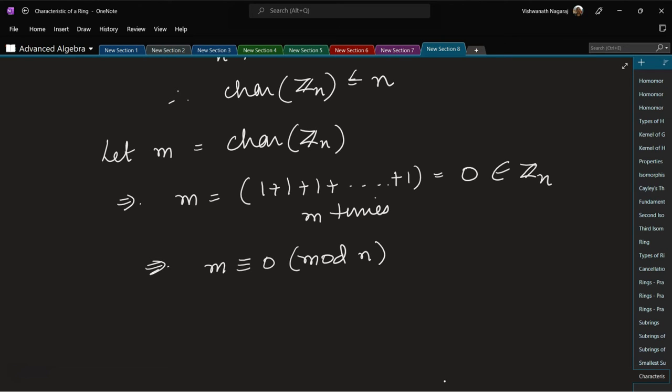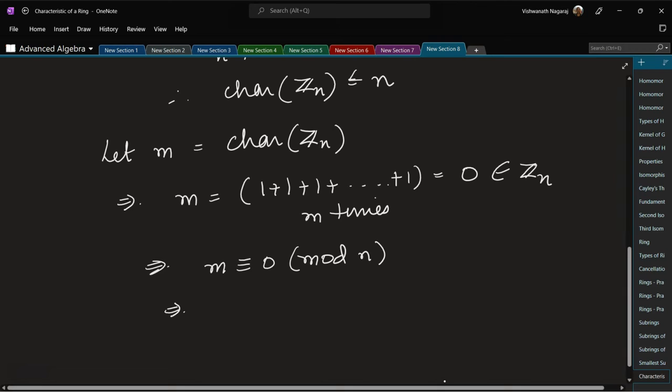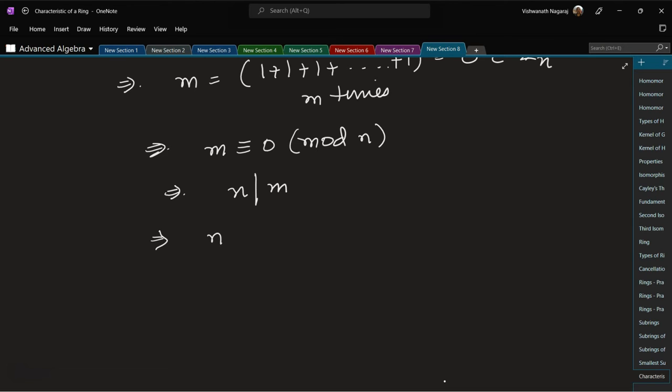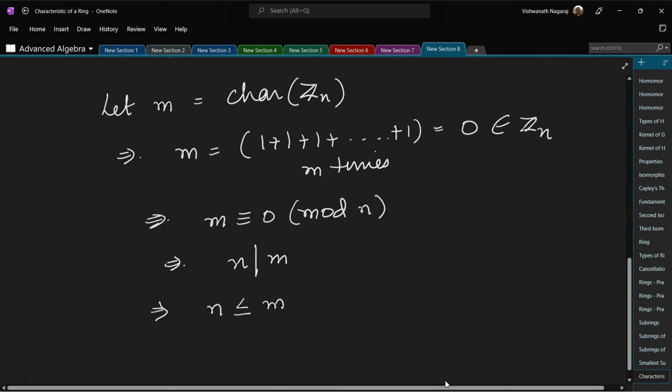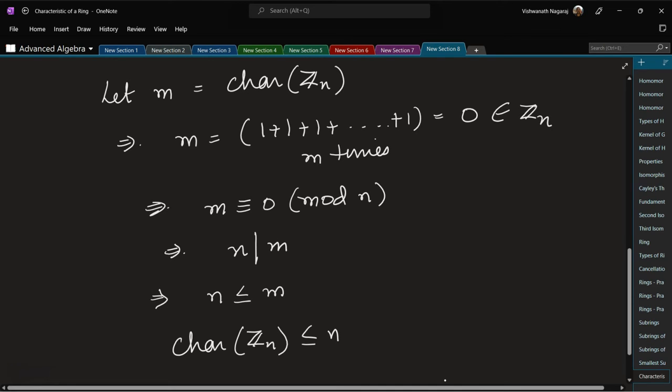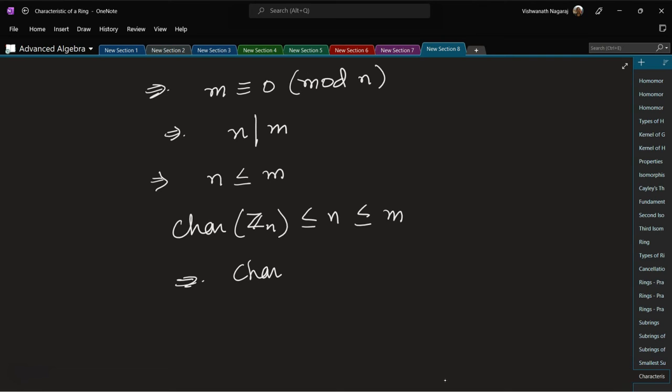But remember, this implies that n divides m. Now if n divides m, it means what? n is less than or equal to m, right? So since n is less than or equal to m, let me write it fully. The characteristic of Zn is less than or equal to n, which is less than or equal to m, which implies that the characteristic of Zn is less than or equal to n.